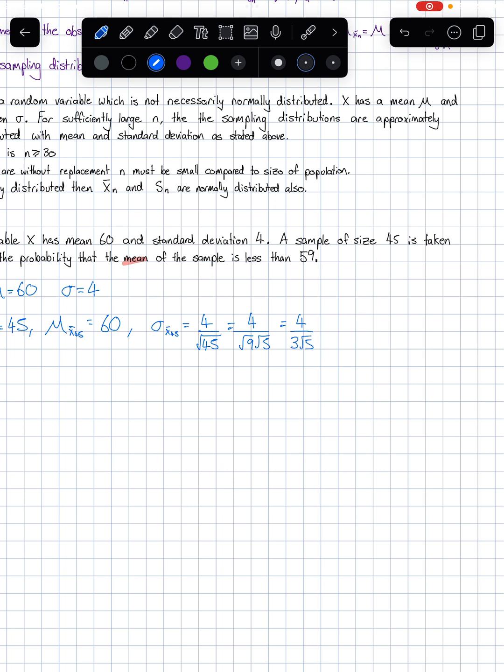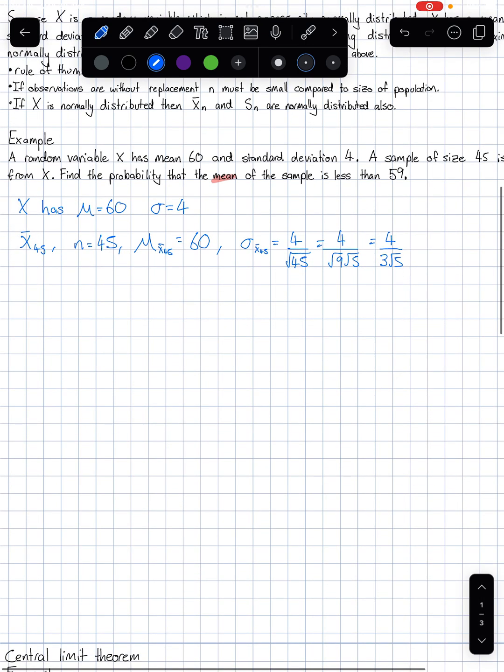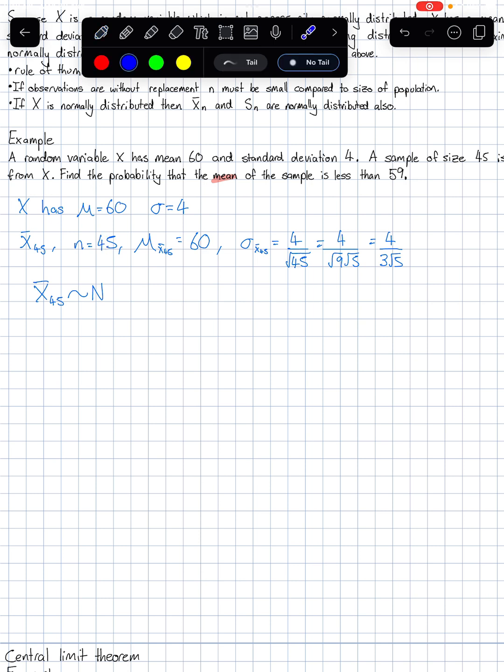I'm only doing that in case I was doing an exact thing, which we're not in this particular one. So this is a new random variable of sample means. It is normally distributed because we're over 30 trials, so we can assume it's normal.